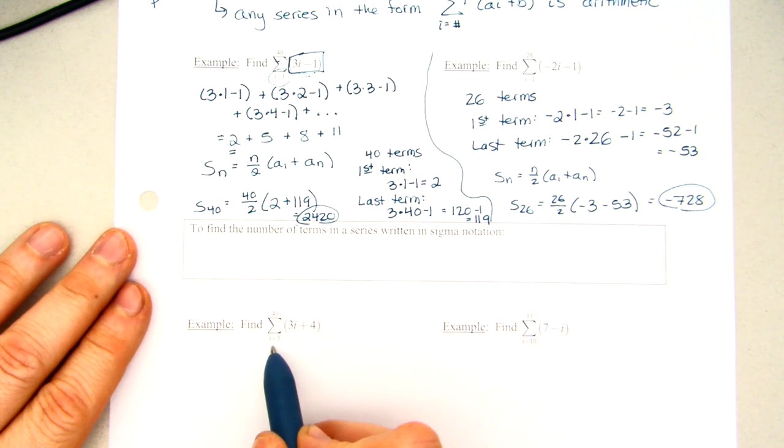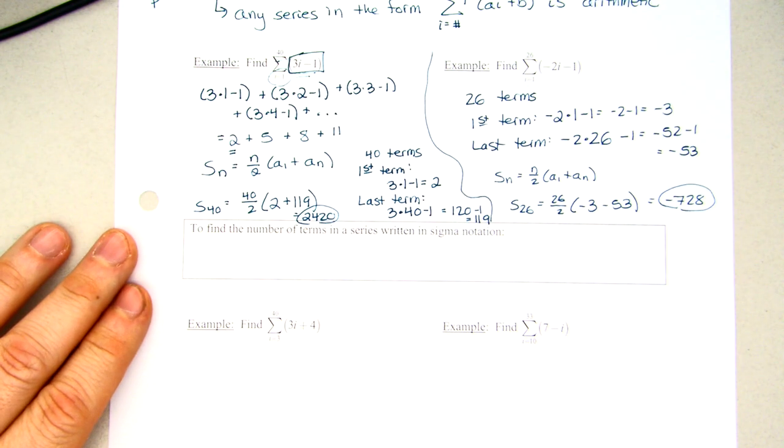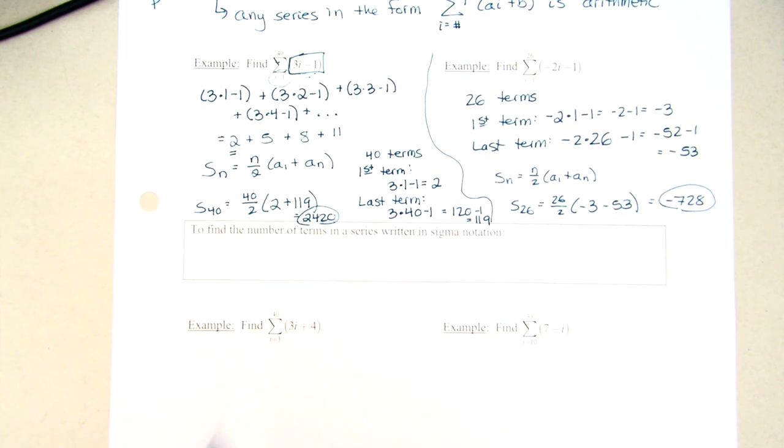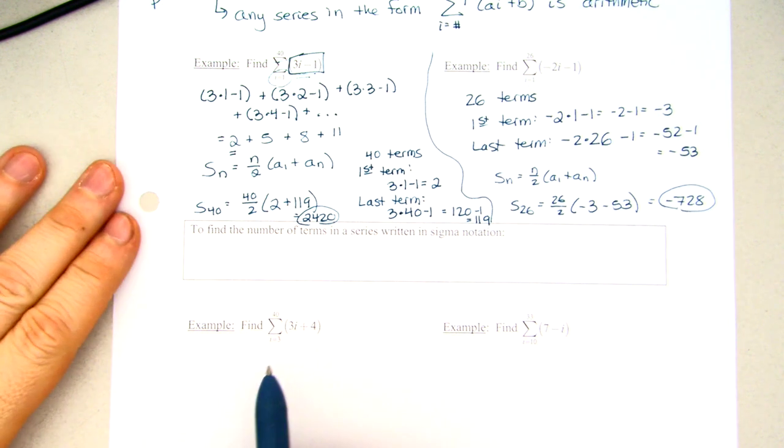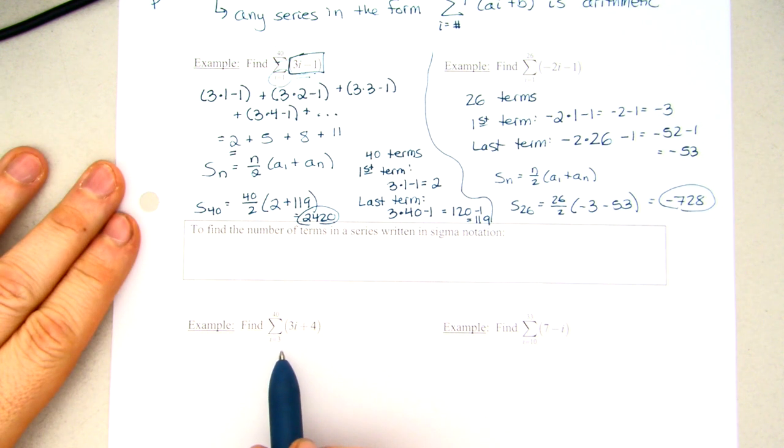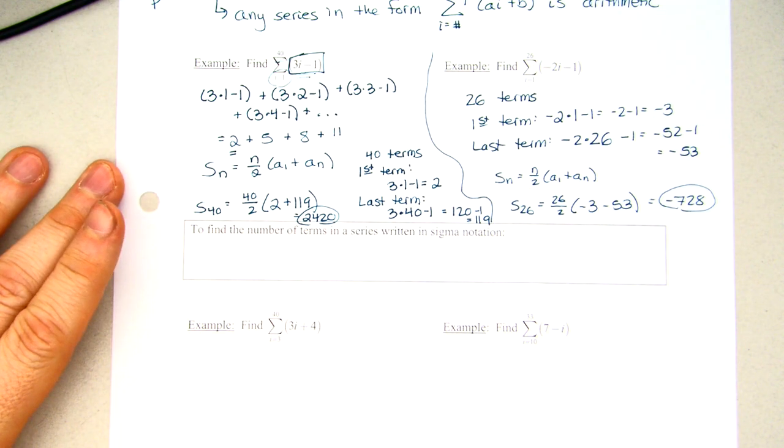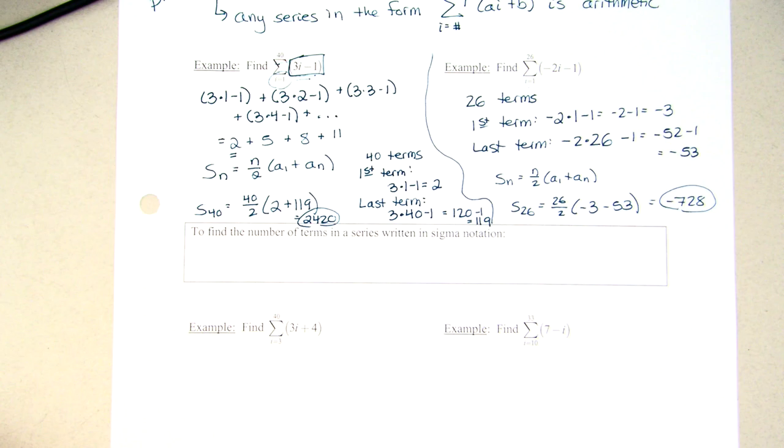The sum as i goes from 3 this time to 40. I want you to think for a moment and tell me how many terms will be in this series. Did you say 37, because 40 minus 3 is 37? If you did, not quite.